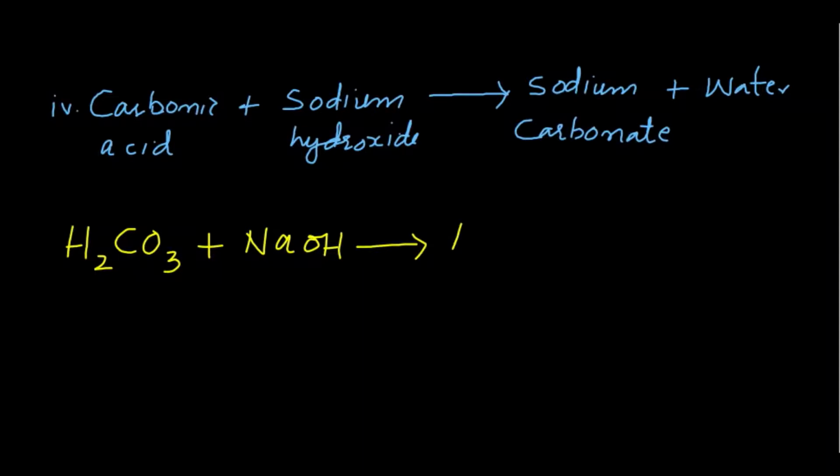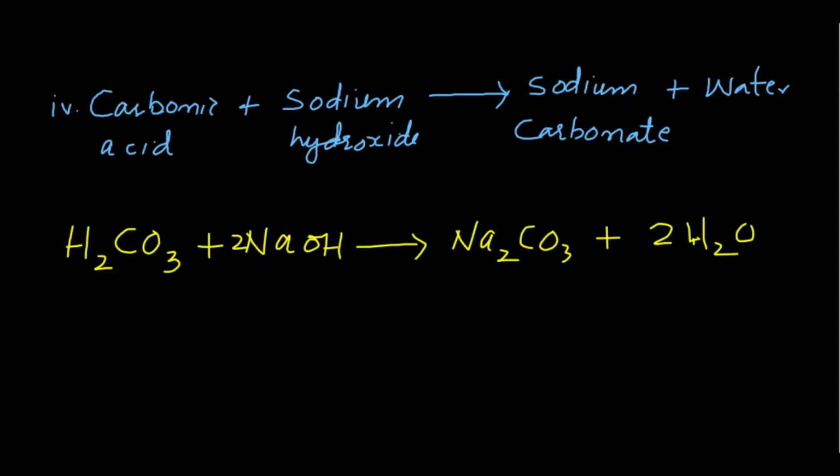After the reaction, we get sodium carbonate, Na2CO3. Since here we have 2 moles of sodium atoms, to balance the chemical equation with the sodium hydroxide we will write 2, and we also get 2 moles of water molecules. So this is the balanced chemical equation. I hope this equation is clear to you.